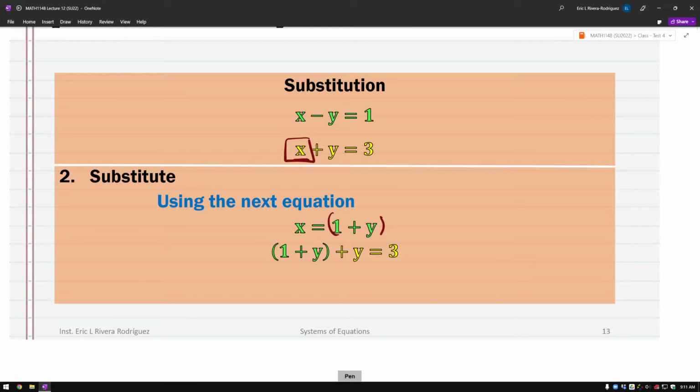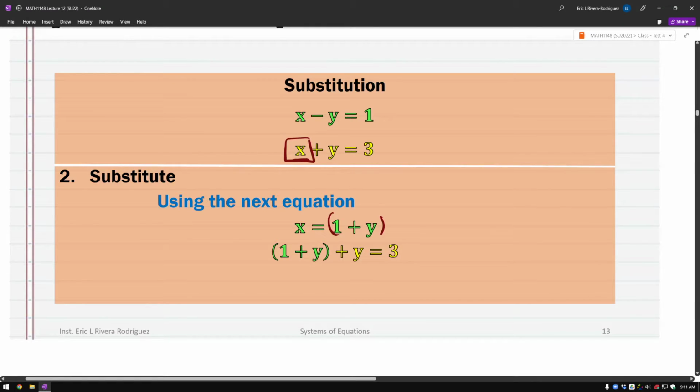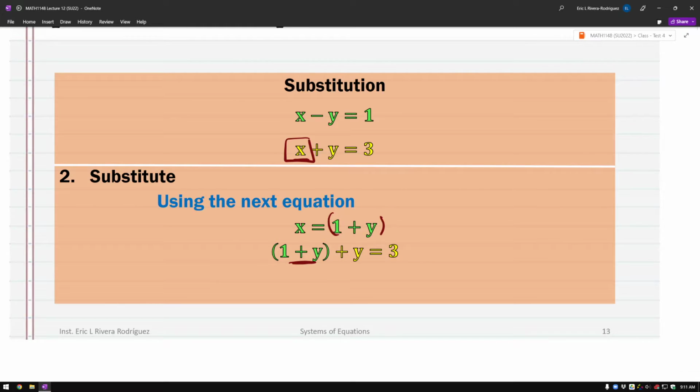So we plug in 1 plus y into x in the second equation, equation B, and now look what happened. Instead of having two different variables, now we have just one variable, and we can solve for that one variable.